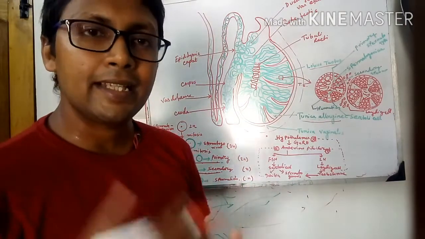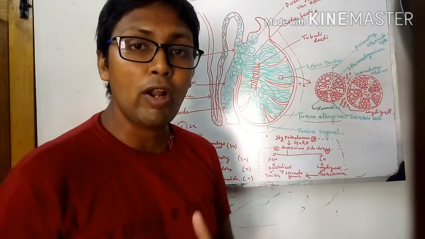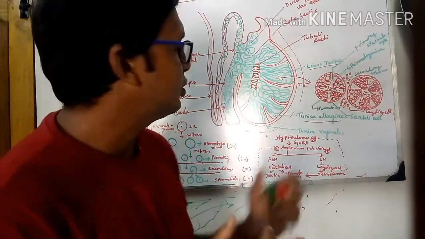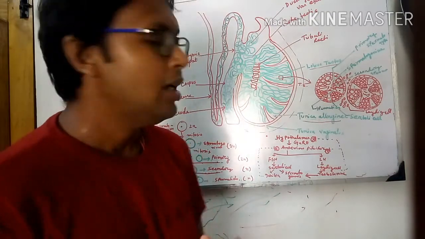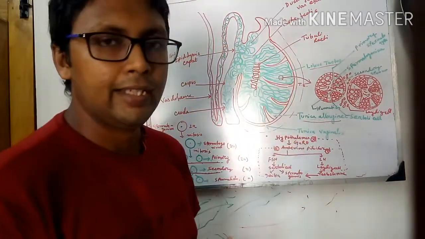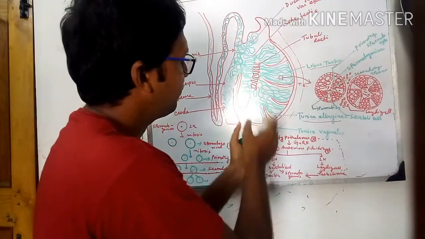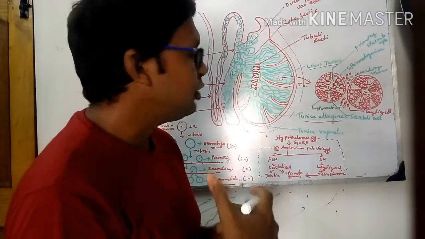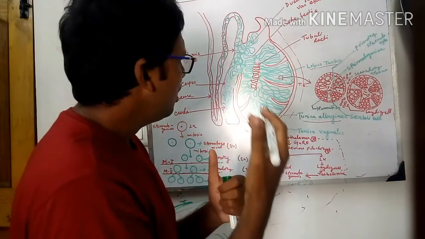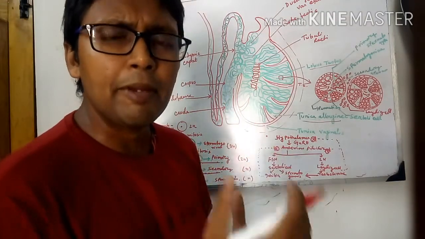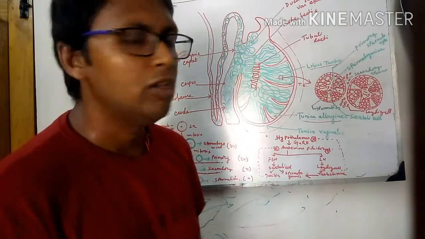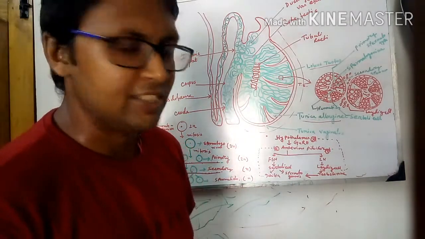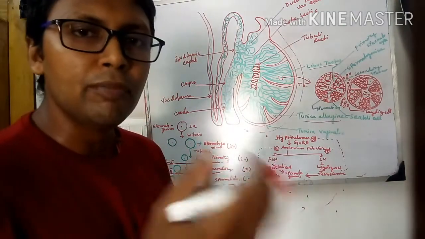Because a very long seminiferous tubule needs to be packed inside the testis. To produce a huge amount of sperms, the seminiferous tubules need to be very long. So in a small place, a long seminiferous tubule is adjusted by convolution, huge amount of folding.